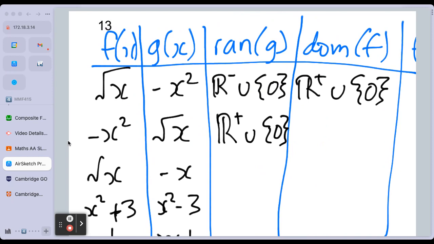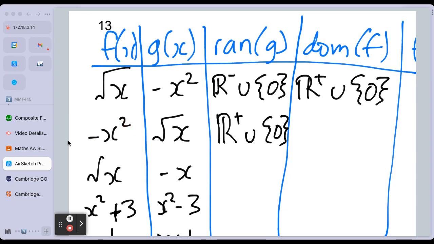The domain of F. Now what we're doing is we're saying, what are the possible values that the function can take in and still get a result out of? And when we look at negative x squared, I know there's a negative there, but it actually doesn't affect what x is, because what we're really saying is, what numbers can I square and then make that result negative? And the answer is any number.